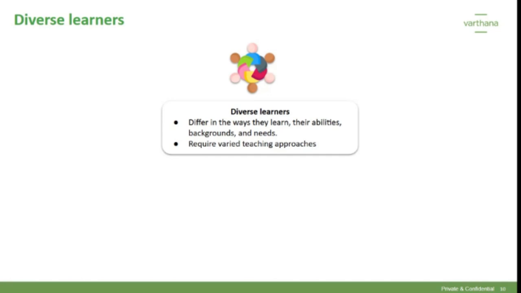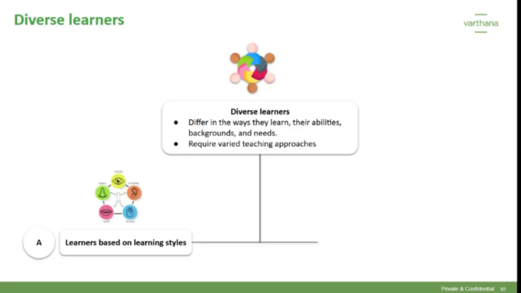When students have different needs, in our teaching method we have to serve them with different approaches so that we can fulfill the learning needs of the maximum number of students. There are two kinds of learners based on their learning style.